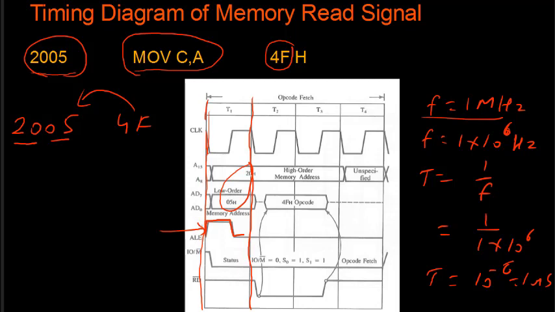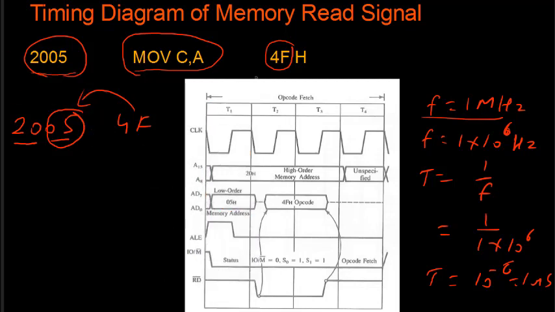This signal indicates that the low order bus is acting as the address bus for the first clock pulse. And because we have to perform a memory read, the IO/M signal becomes low, because low means memory and high means input/output. So these are the things that happen in the first clock pulse, the first microsecond.